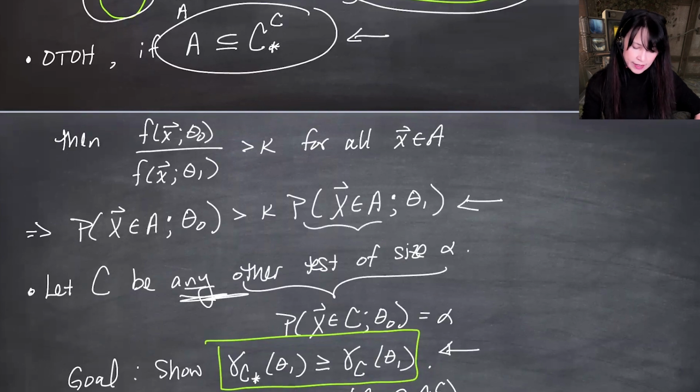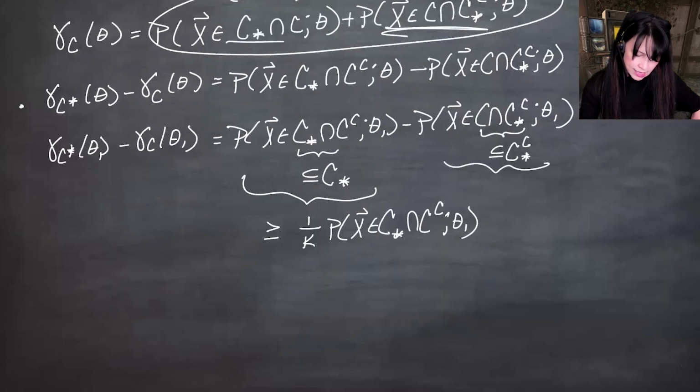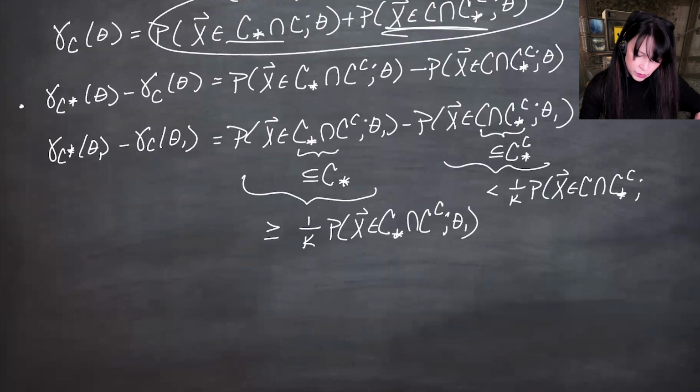Right now I'm looking at an expression like this, but A is defined to be something really specific. So this is less than 1 over k times the probability that x is in C intersects C star complement when the parameter is theta naught.